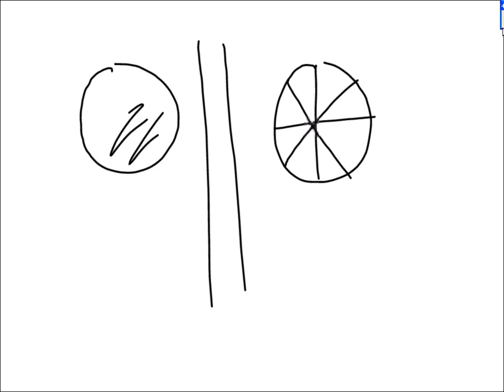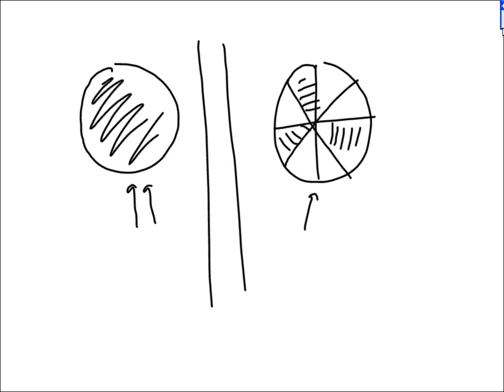This person had 1 piece, the whole pie. This person had 3 pieces, those 3 pieces. Who ate more? This person ate more. Even though they had 1 slice, and this person had 3 slices, the person on the left had more.